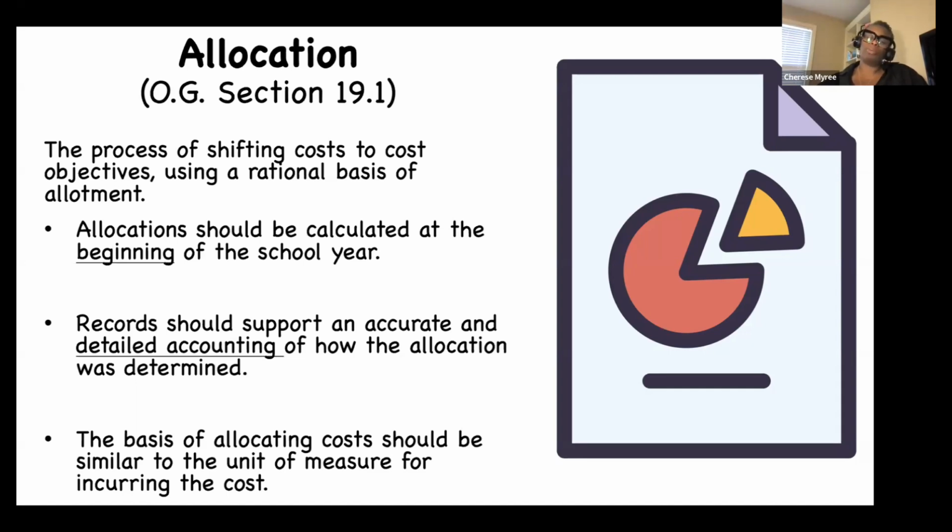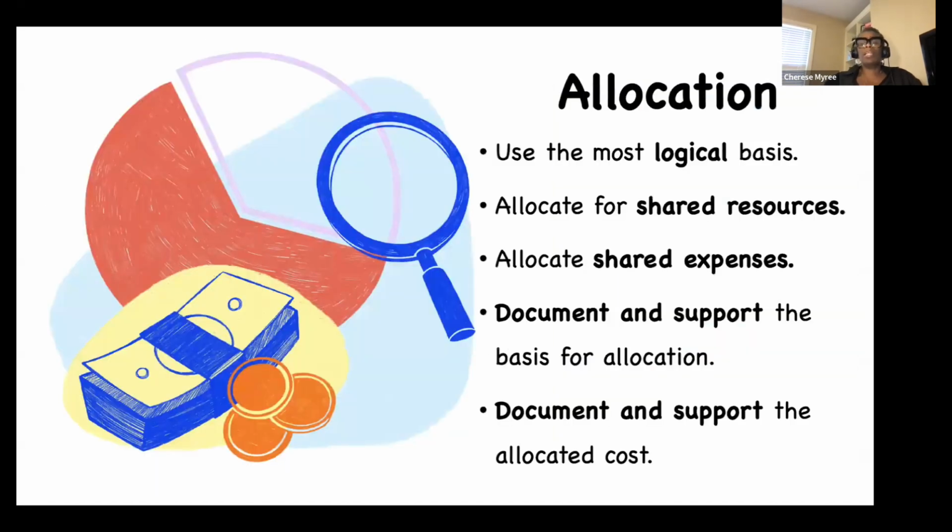And then your records should support in an accurate, detailed way how that allocation was determined and the basis for that allocation that you're using. You want to make sure that what you're doing is always supported. It needs to use the most logical basis for a shared resource and a shared expense. Then you want to document and support that basis and how it was allocated.